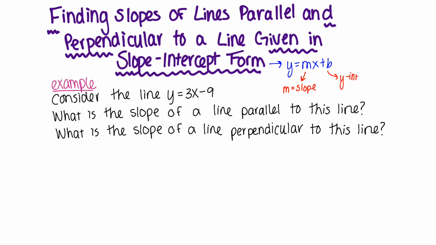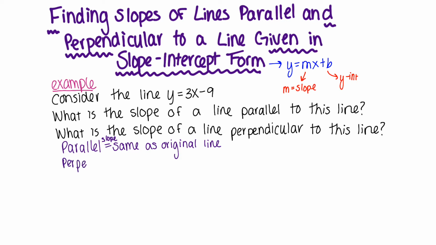Now, for parallel lines, lines that are parallel all have the same slope. So the parallel slope will be the same as the original line. I should really write the word slope there, the parallel slope.